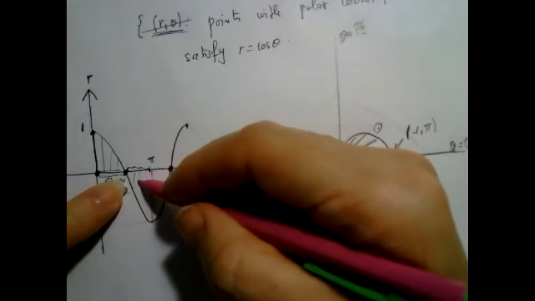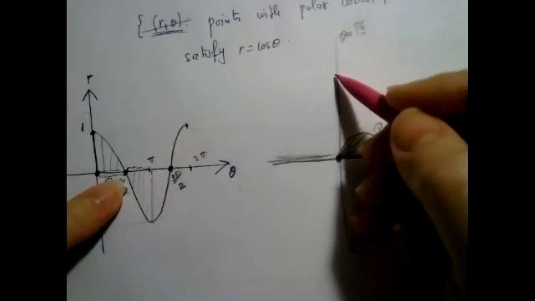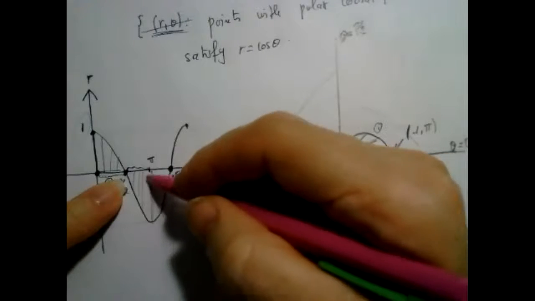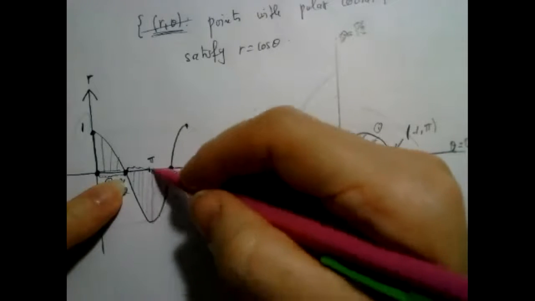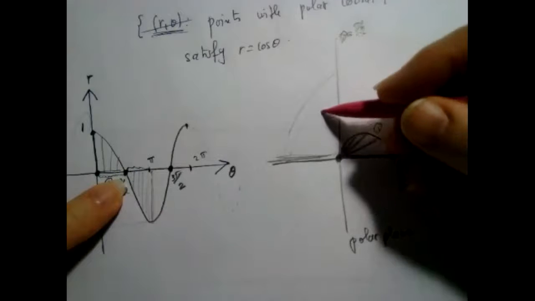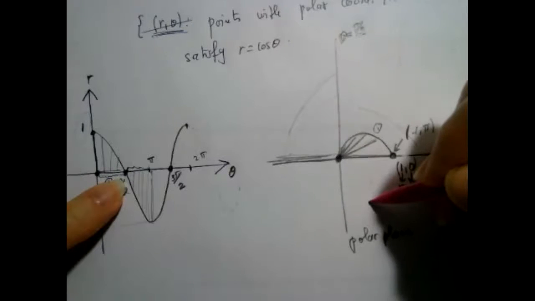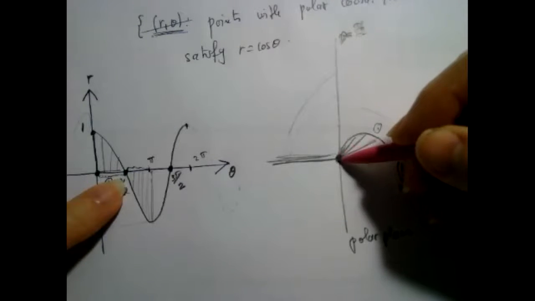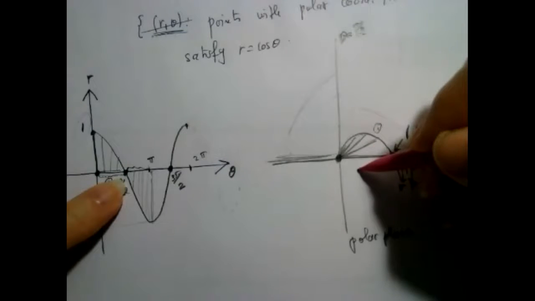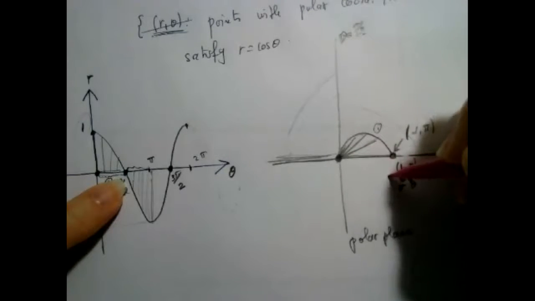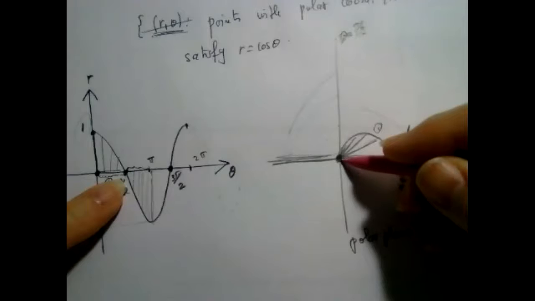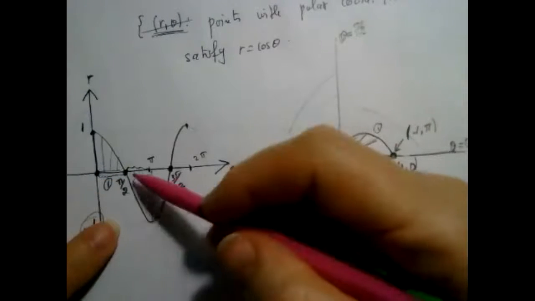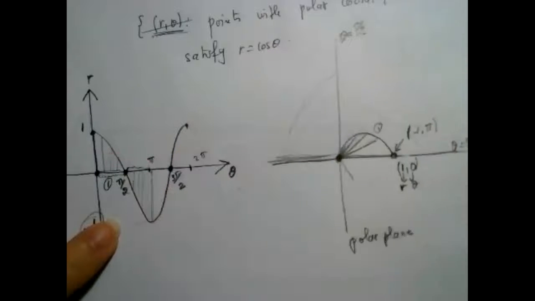As theta starts sweeping this region, my R is negative, and it's getting more and more negative. So every time theta is here, my R is here. My R is 0, and then my R starts getting more negative, more negative, more negative. So these are my R's. They are very symmetric to the previous picture. Those values here are the same.